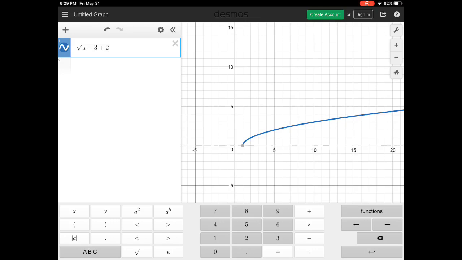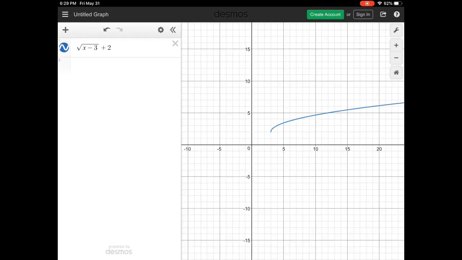Okay, now if you look in the upper left, you can see I have graphed square root of x minus 3 plus 2, and it's an implied function. Okay, it implies that there's an f of x up there.